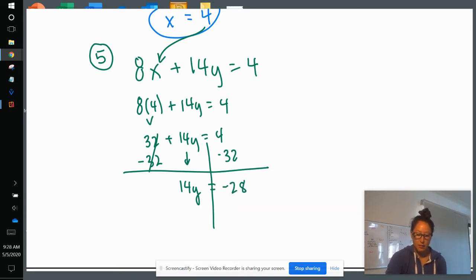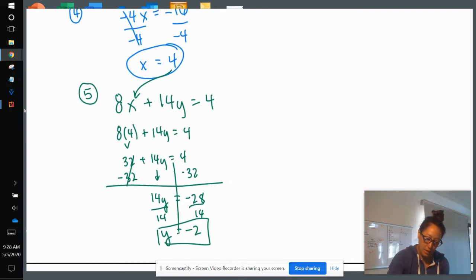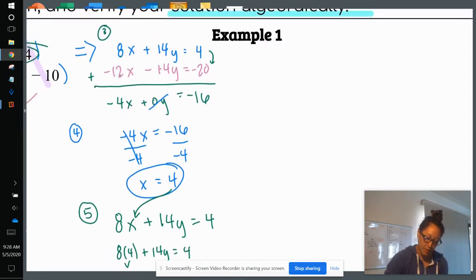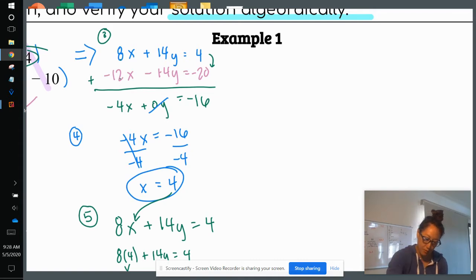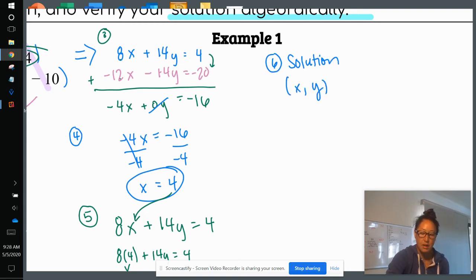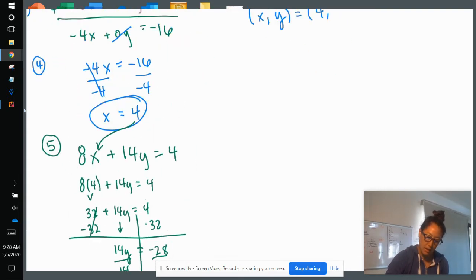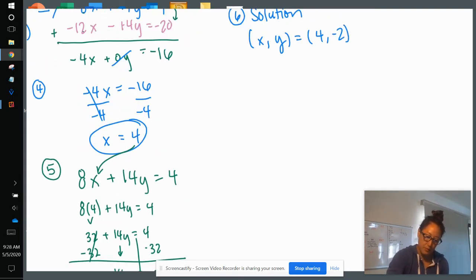Okay, next the 14 is multiplying by the y, so divide by 14. y is equal to -2. All right, so step number 6 is the solution. I have one solution at (x, y), and my x is 4, my y is -2.